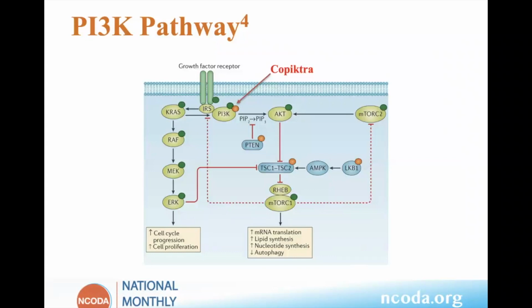So when you activate PI3 kinase, you activate AKT, which has downstream effects of activating mTOR complex 1. So you activate mTOR complex 1 and you have growth and survival of cells, and it decreases the cell's natural destructive mechanisms. So when we inhibit PI3 kinase, we inhibit mTOR complex, which leads to the suppression of these malignant cells.